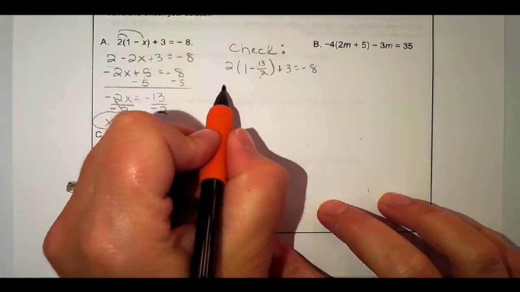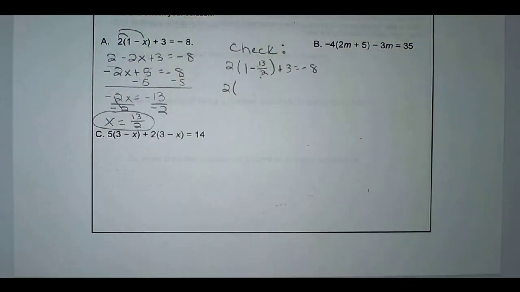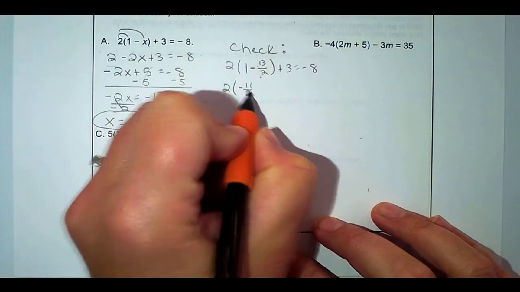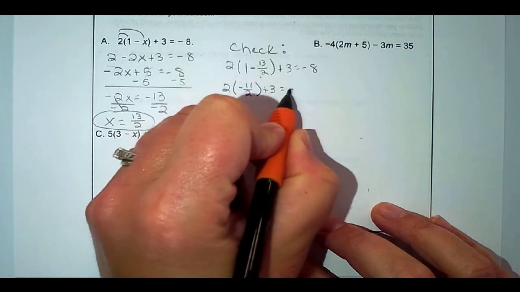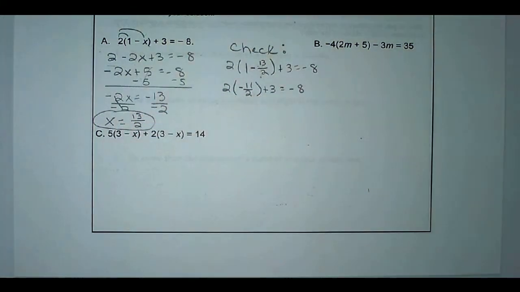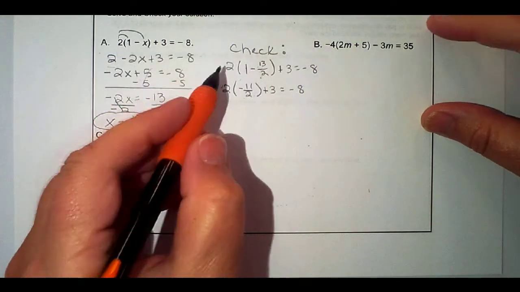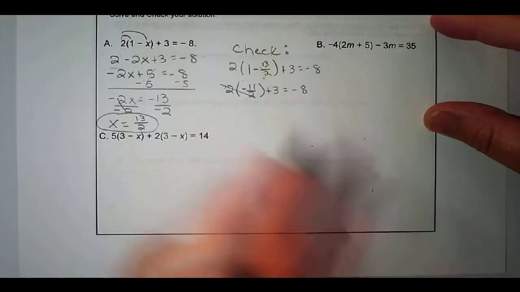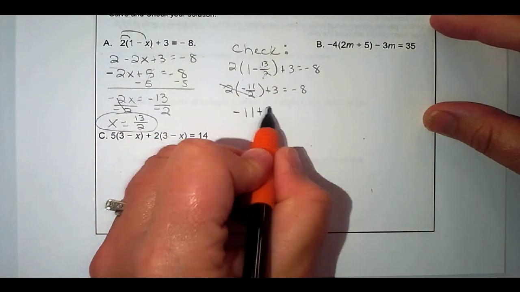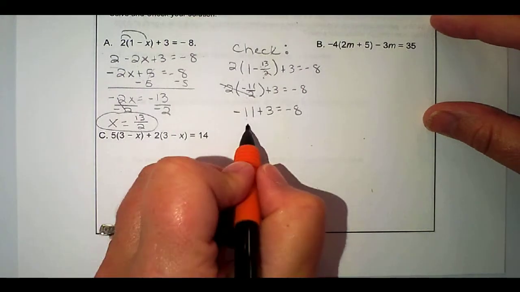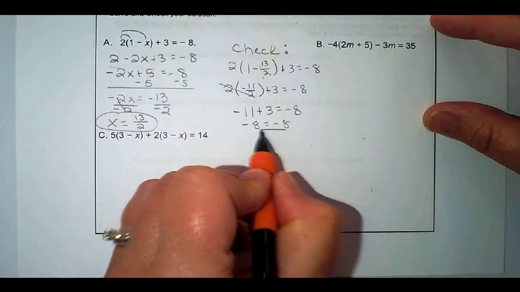So I'm going to have 2 times 1 minus 13/2, which is going to give me -11/2 plus 3 equals -8. Multiply 2 times -11/2. So those are going to cancel, and now I just have -11 plus 3 equals -8. -11 plus 3 is -8, and it checks.